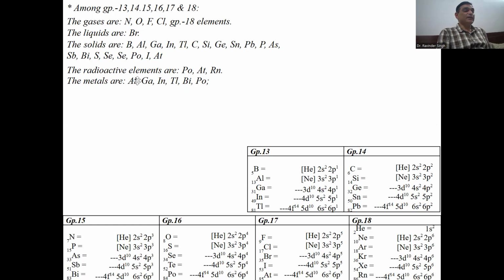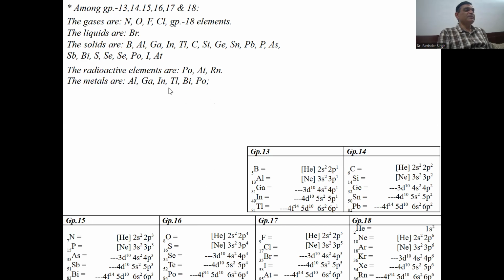The metals are aluminum in group number 13, gallium, indium in group number 13, bismuth, the last element in group number 15, and polonium, the last element in group number 16.